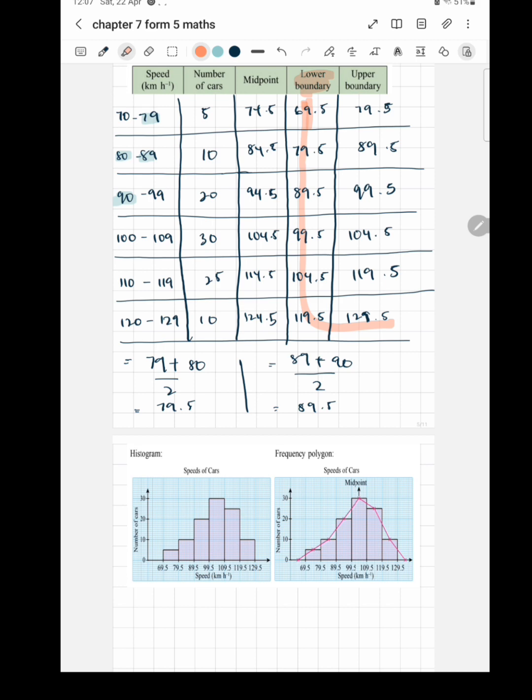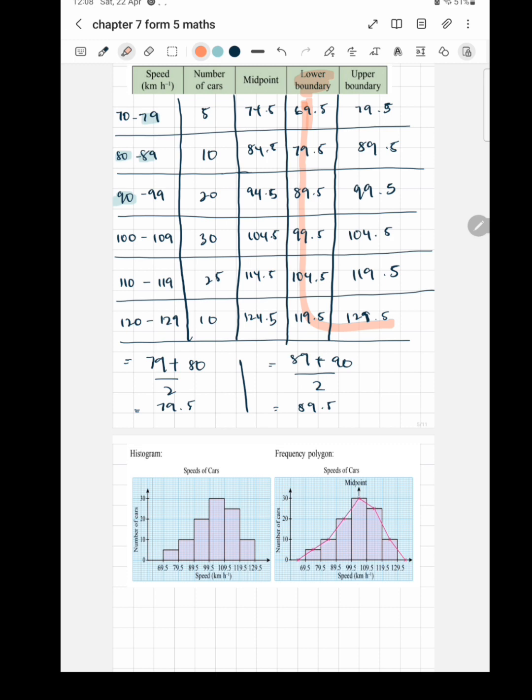For the frequency polygon, we do not draw the bars, we only draw the straight lines. As you can see here, the lines touch in between the bars. To find the value of it, we need to use the midpoint.